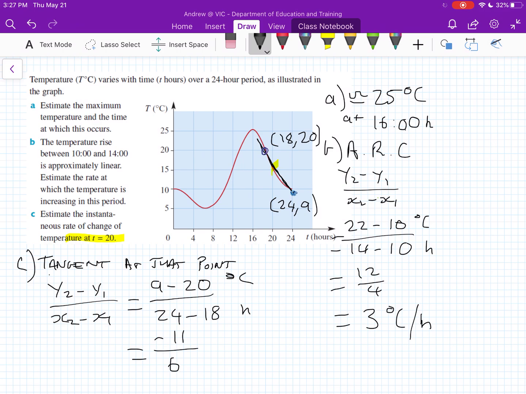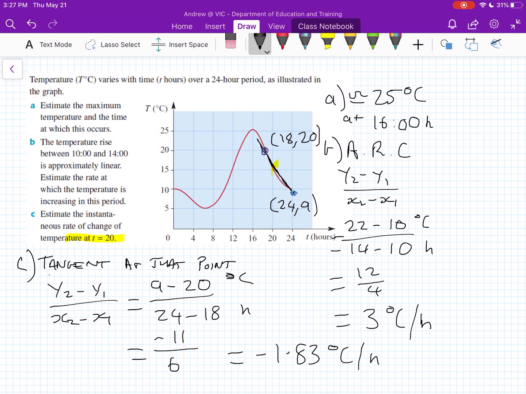Okay, with this, make sure you do want to simplify this. So this then will turn into, just quickly, about 1.8. So this one here is equal to about negative 1.83, and this is degrees Celsius per hour.